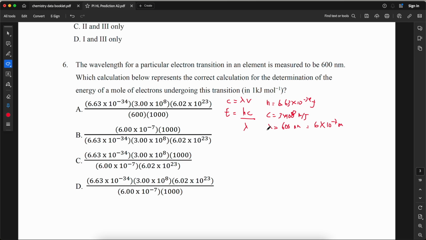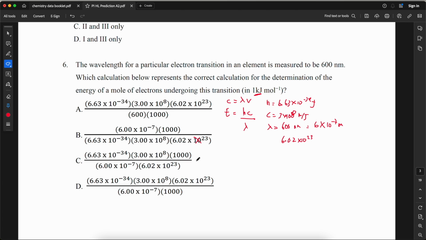So the value must be multiplied by Avogadro's number, which is 6.02 times 10 to the power 23, because it is to determine the energy for 1 mole of electrons, okay? And as it should be in kilojoule per mole, we need to divide it by 1000.